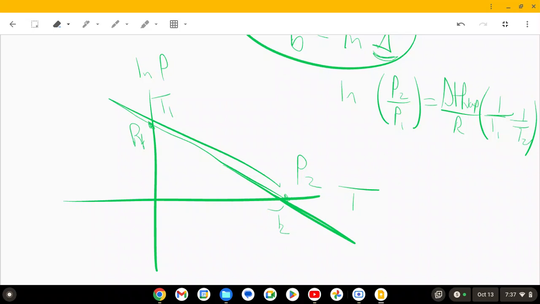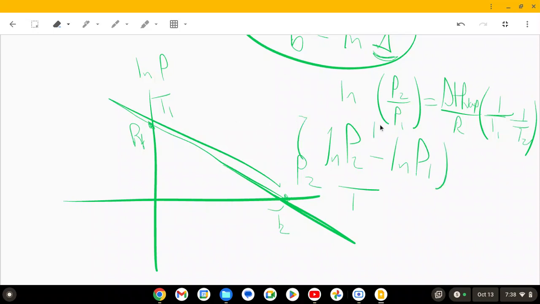And so essentially it's saying that the difference between the reciprocals of these two positions multiplied by our m, by our slope, is going to equal, I guess you could say, the logarithmic difference. Because ln, using that same rule, is the same as ln P2 minus ln P1.